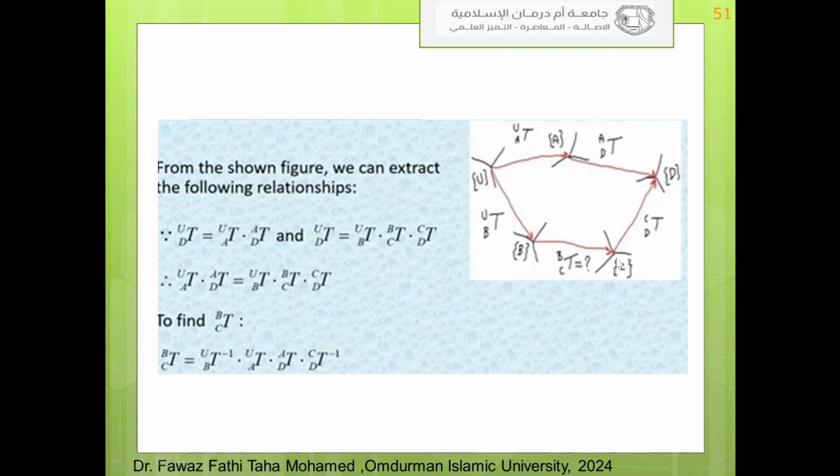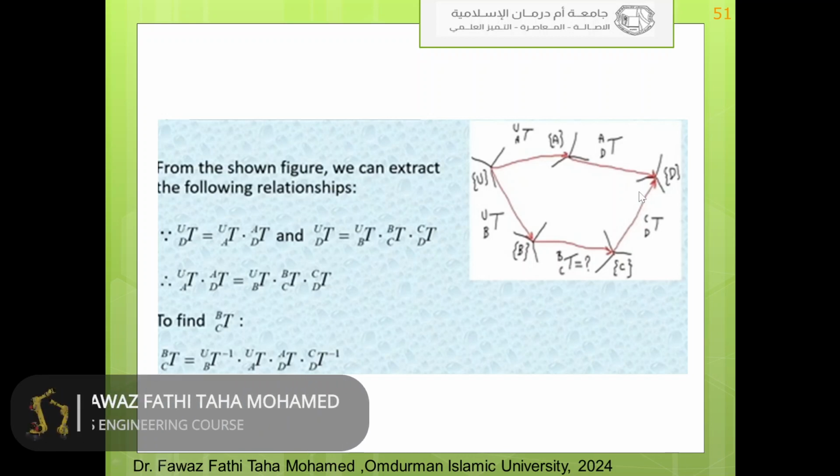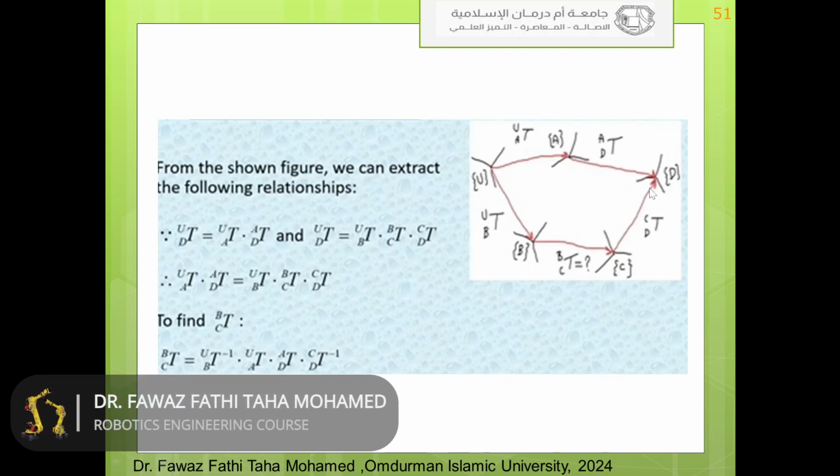Okay, so here if we have this movement, we have here TBU, TDC, we have TAU, TDA, we have here TDC. How can we find this? TCB, as we can find TDU, where we can find any new relation from these given values.